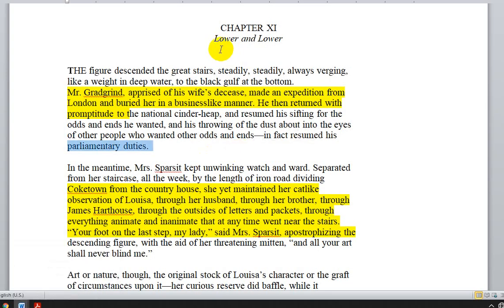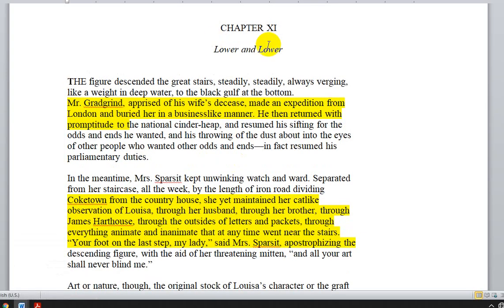So as you see, now we are getting lower and lower. We are moving faster on that staircase, because the relationship between James and Louisa is developing very fast, because Louisa is very fresh, very young, and her husband is very old, who cares about money and factories, and he does not provide her with the kind of love and warmth that James Harthouse is representing.